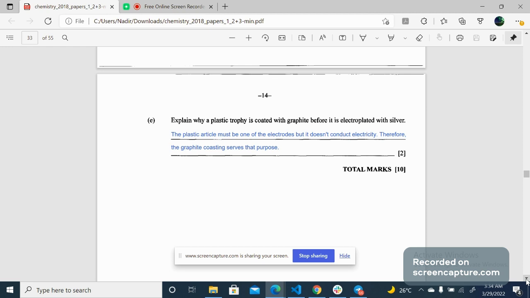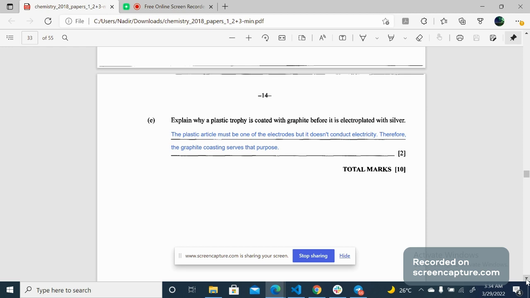This is because if we don't have graphite, we cannot use plastic as an electrode, because plastic itself is not conductive. So we have to make the electrode on which we want to do electroplating conductive.